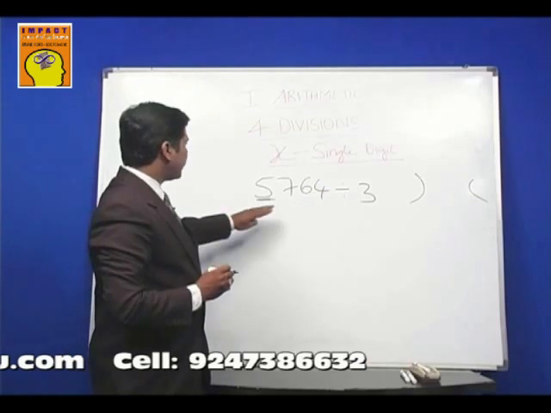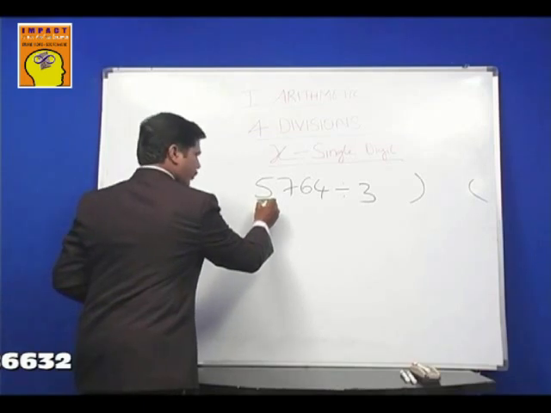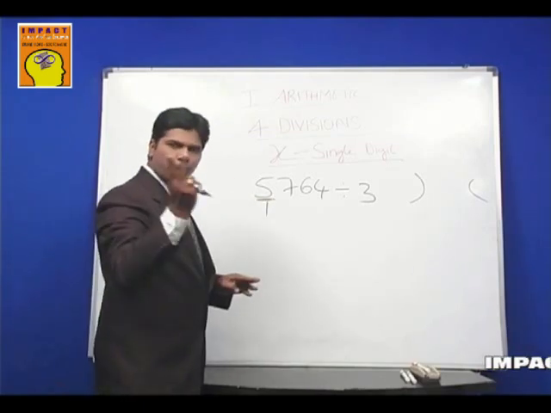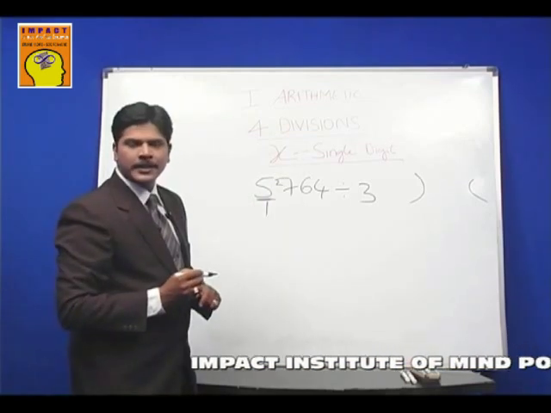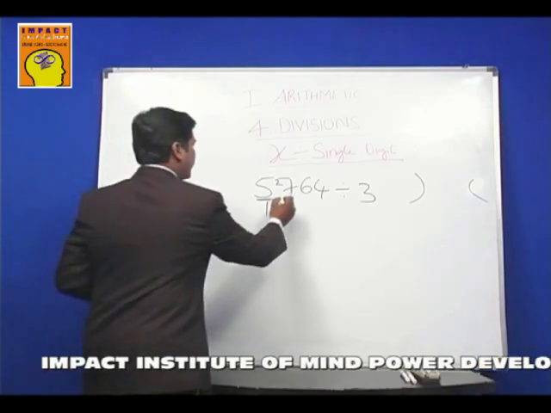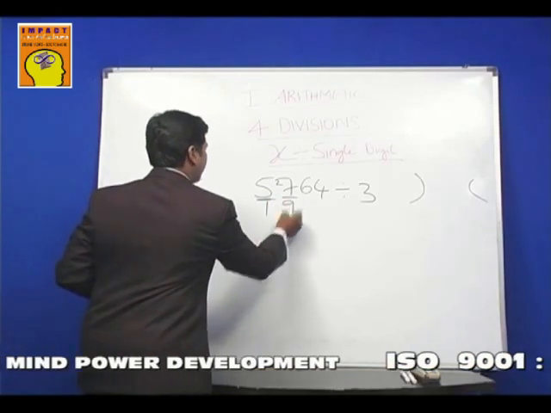How many times will 3 go in 5? It's 1 time. So right under 5 write 1, so 3 ones are 3 with the remainder of 2. That 2 goes right before the next number; assume it as 27. Now underline 27. 3 goes in 27 exactly 9 times.